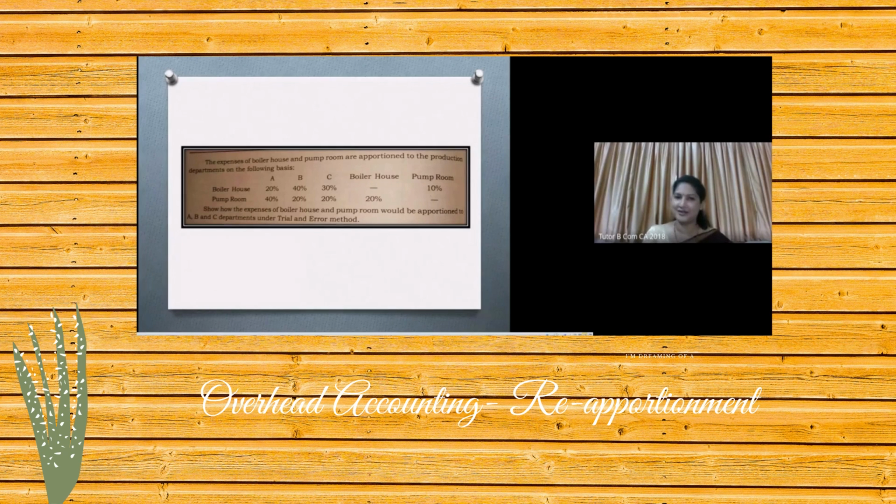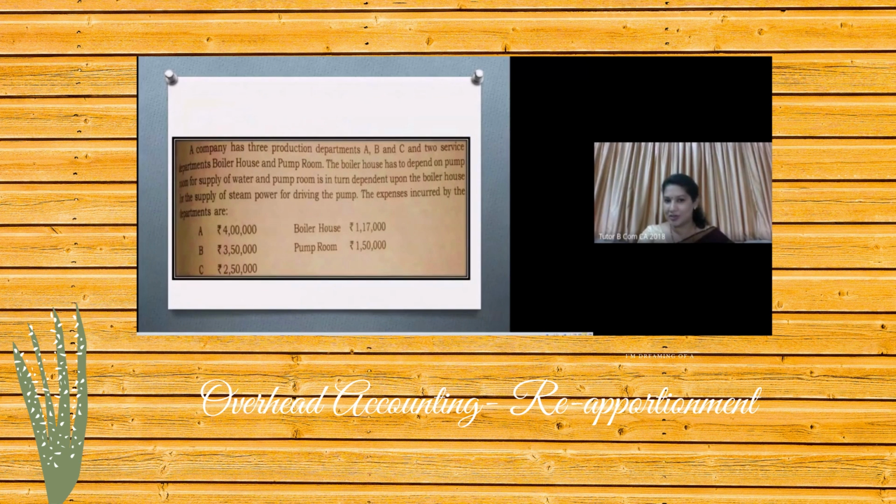We have learned this in the other methods also. Now, how to go about doing this. In this question, we were given the primary distribution summary of boiler house and pump house. The primary distribution summary of boiler house is 1,17,000 and that of pump room is 1,50,000.